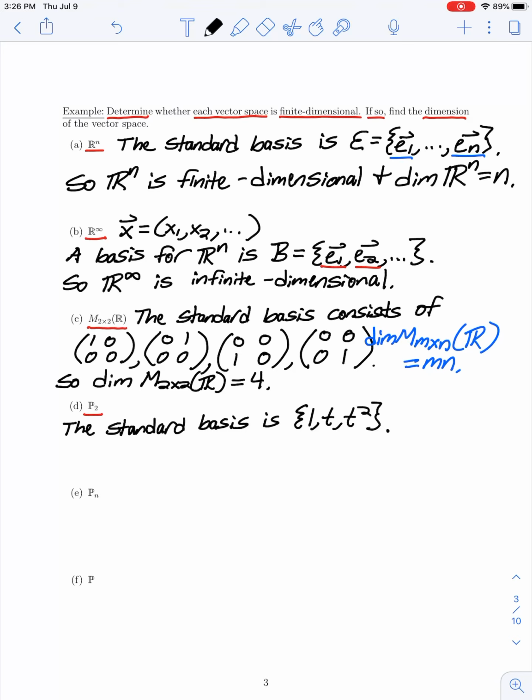Since this basis contains 3 vectors, theorem 4.10 guarantees that every basis will contain 3 vectors. And so the number of basis vectors is what we call the dimension of this space, and it would be equal to 3.